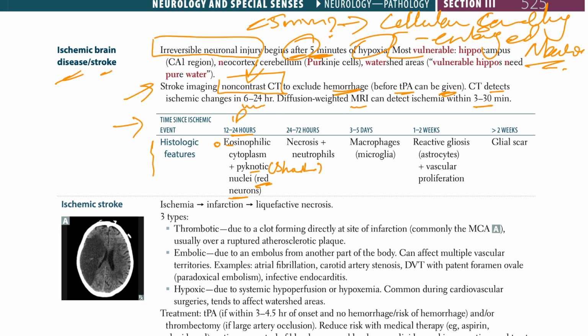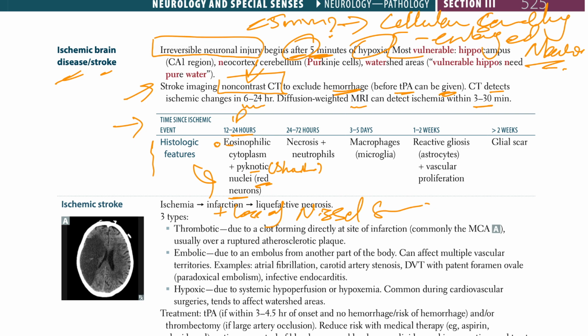Okay, but also, which they haven't mentioned, you will also see loss of Nissl substance. Loss of Nissl substance. And if you want to know more about this loss of Nissl substance, it is based on the neuroanatomy lecture back in the neurons. So loss of Nissl substance. Nissl substance will be seen. What else?